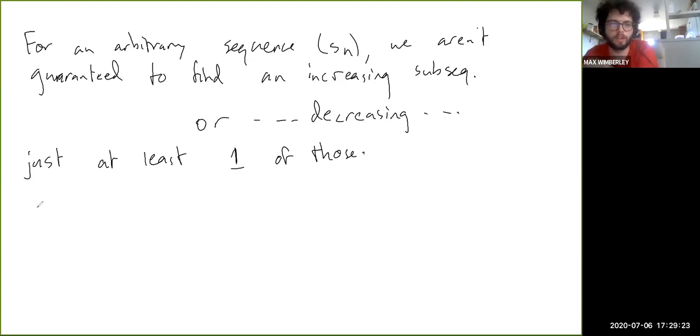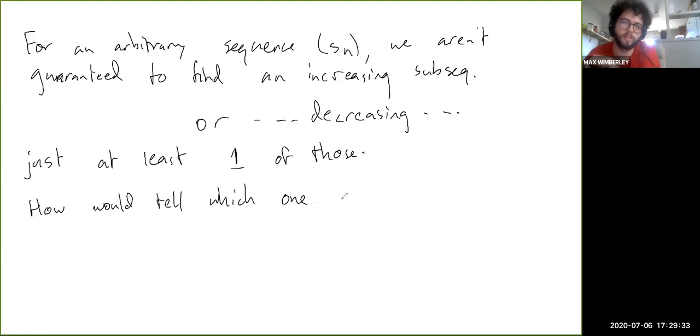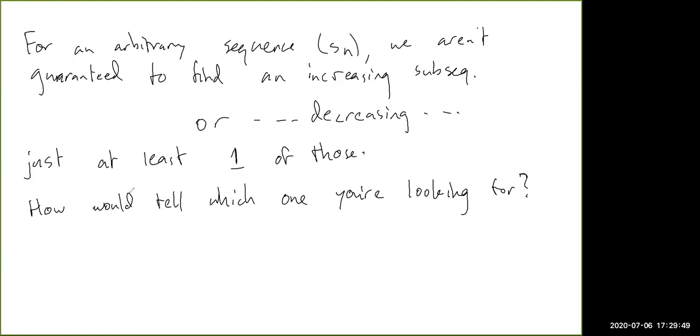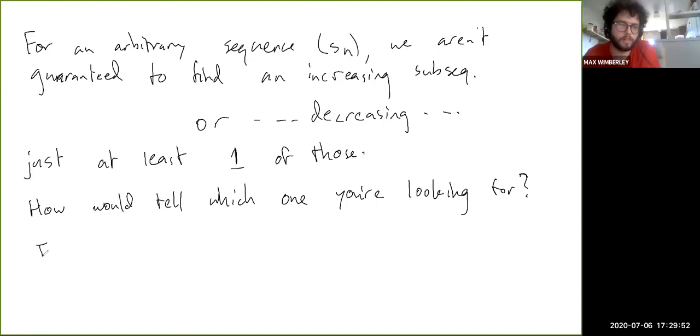So it's like, how would you tell which one you're looking for? That's what this condition on how many dominant terms there are is supposed to be doing. If there are infinitely many dominant terms, then we know we can find a decreasing subsequence.